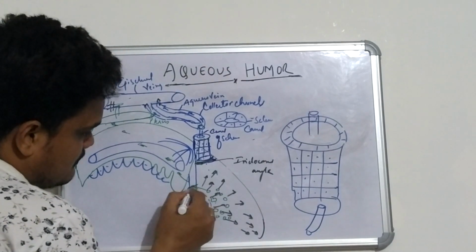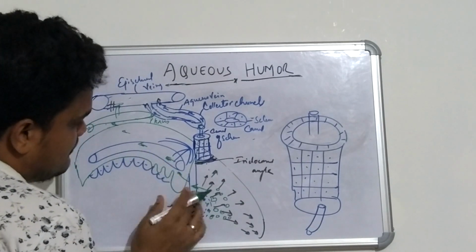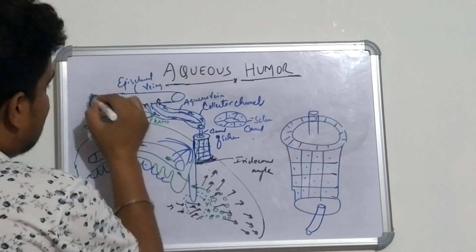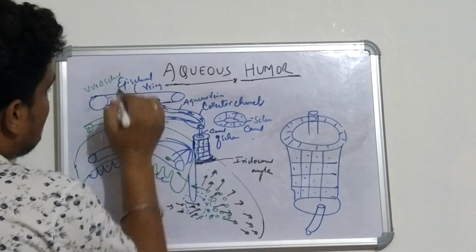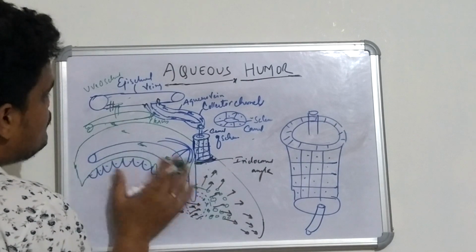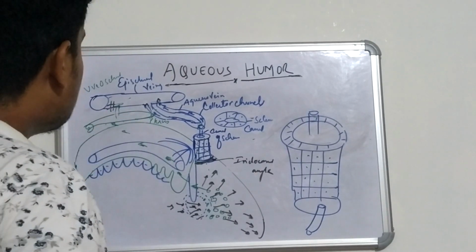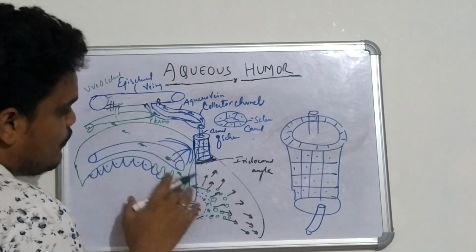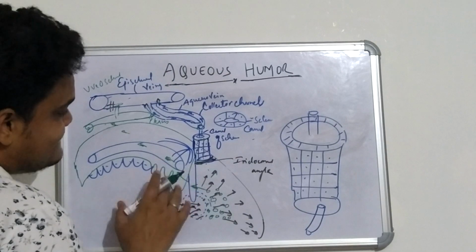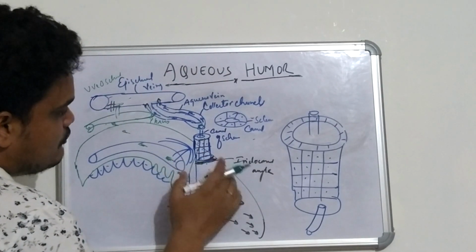But the major concern is the uveoscleral pathway. That is why its name is uveoscleral pathway: there is an involvement of the complete uvea and the sclera. What I'm talking about is that the flow is not equal in comparison to the normal outflow.